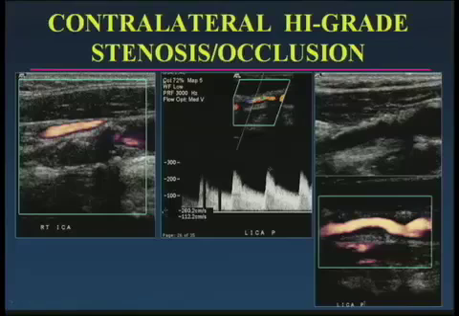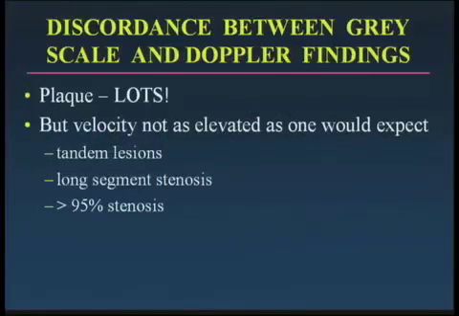And really all that has happened is that you have increased flow on the left in comparison because of the occlusion on the right, and there really isn't a stenosis here at all. So when you have a high-grade stenosis or occlusion on one side, you really have trouble using those threshold velocity criteria on the other side.